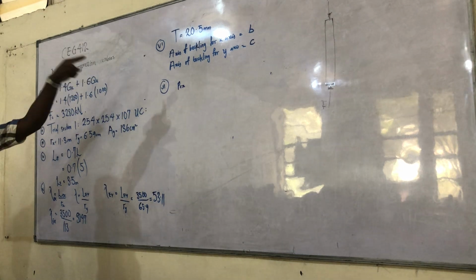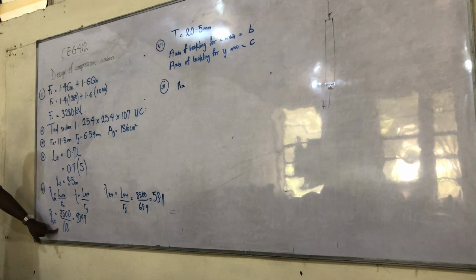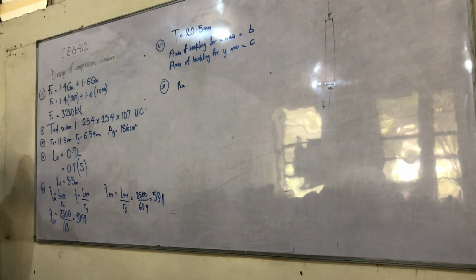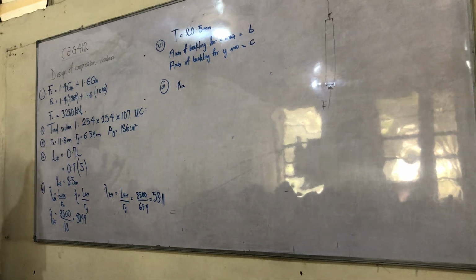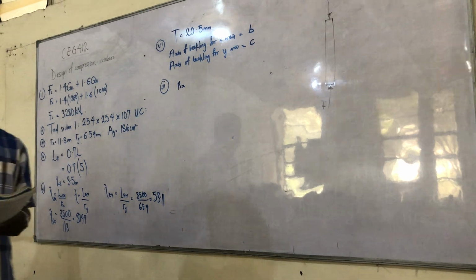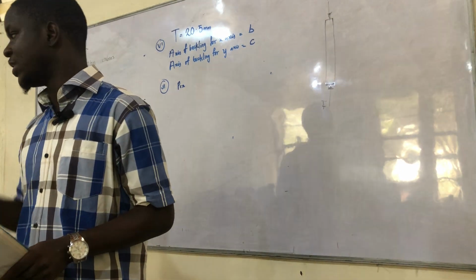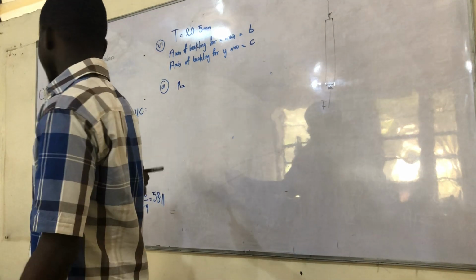Your strut curve for x-axis is what? Your lambda for x-axis is what? 30.97. Is it less than 110? Yeah. So this is the table we are using. Do you understand? Yeah. Now, you have steel grade and design strength. Have we looked for design strength for this question?